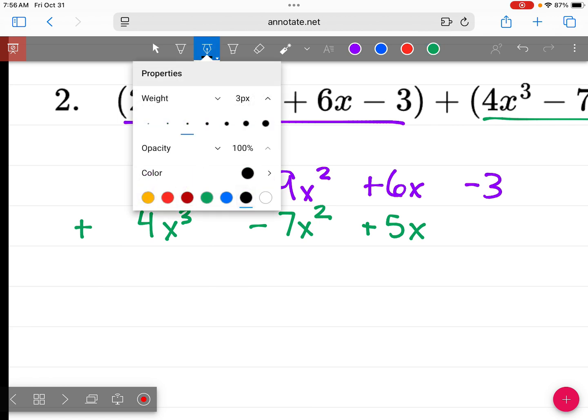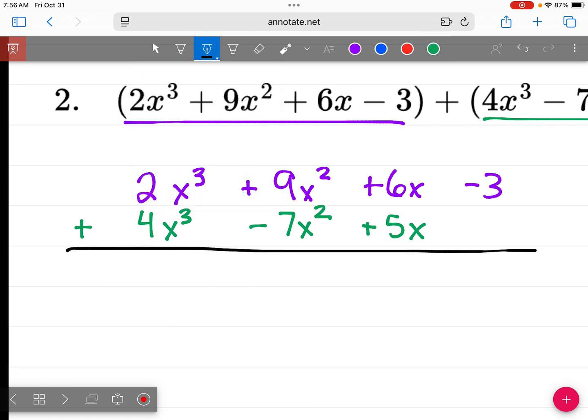Because what we're going to do is we're going to add these together column style. Because now I can do it this way where I have my 2x cubed plus 4x cubes, and it groups them together. Huh? It's been a minute. So it's okay to use some of the old tools we've had. Like, this isn't wrong. It totally works. 100% valid, because we still get 6x cubed.